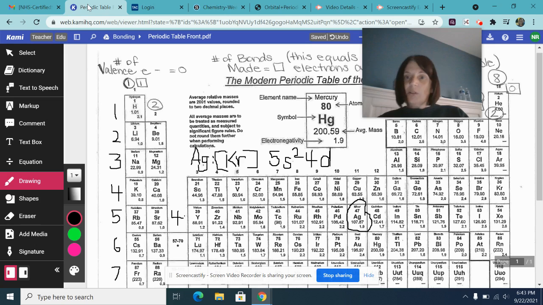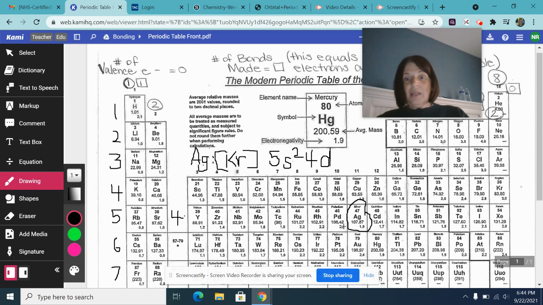And now if we look at our periodic table, silver is in this region. It's one of these 10 elements. So the question just becomes, which one is it? All we have to do is count. 1, 2, 3, 4, 5, 6, 7, 8, 9.